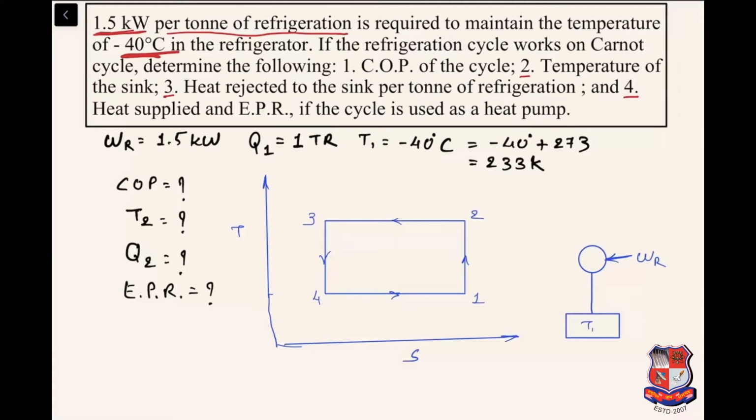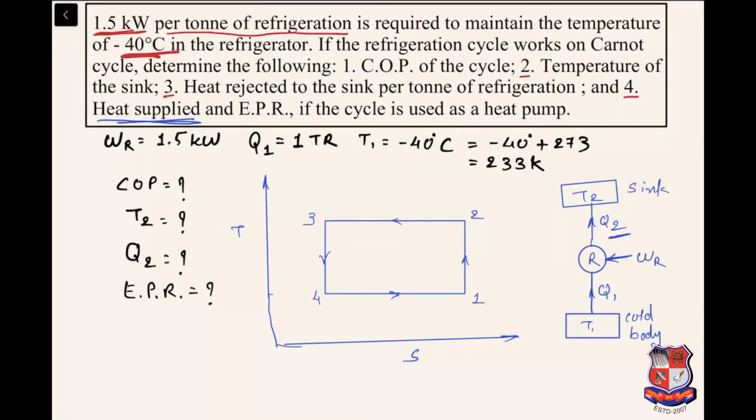Here T1 is the cold body, and the sink is T2. Here is the refrigerator. So Q1 is the heat to be absorbed, and Q2 is the heat to be rejected. If heat is rejected in the refrigerator, then in the heat pump it is the heat supply.